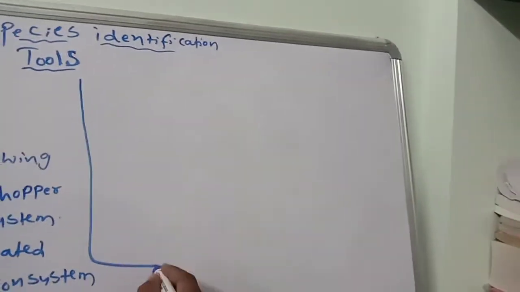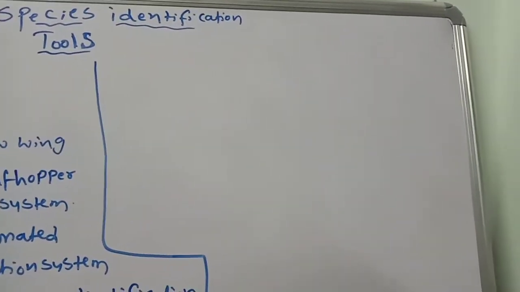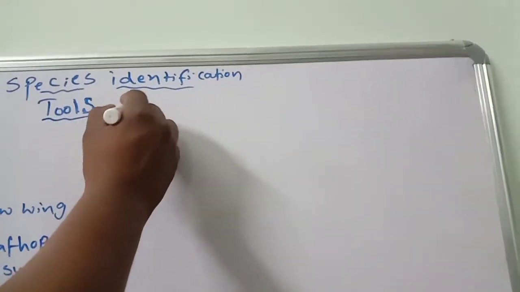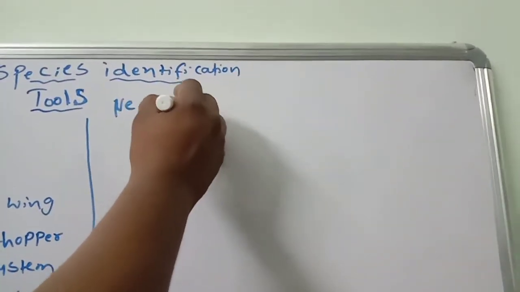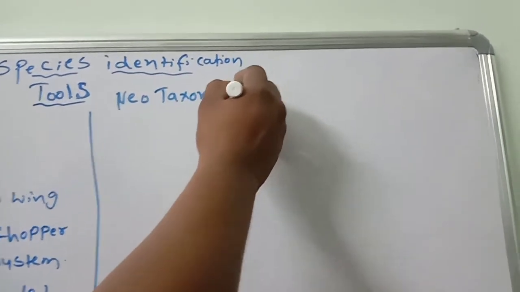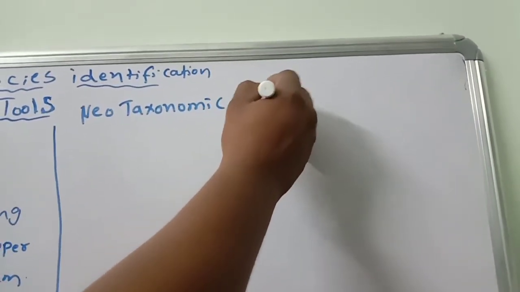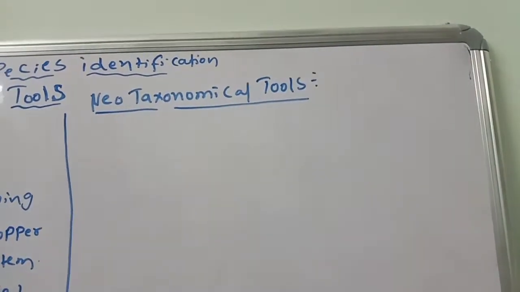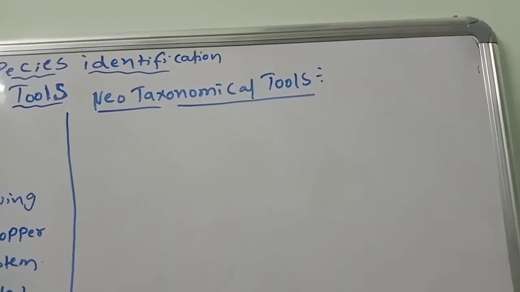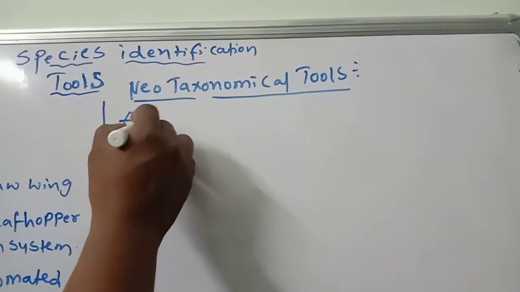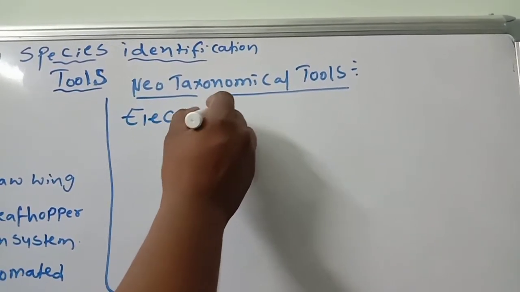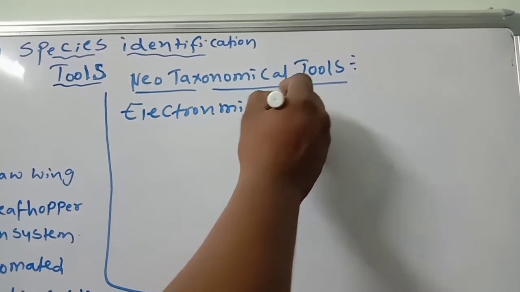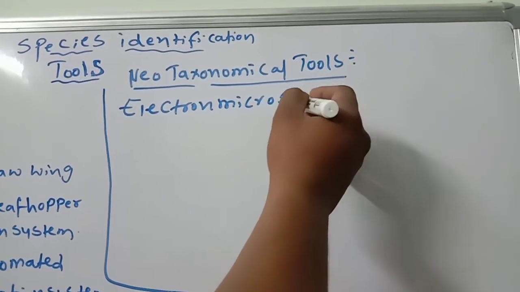What we are going to discuss is neo-taxonomical tools. What are these neo-taxonomical tools? This is based on electron microscopy.